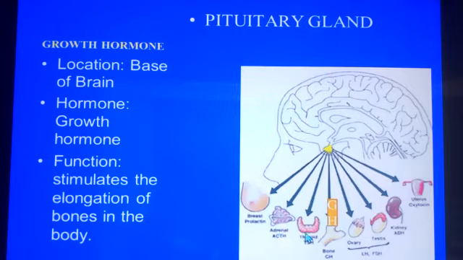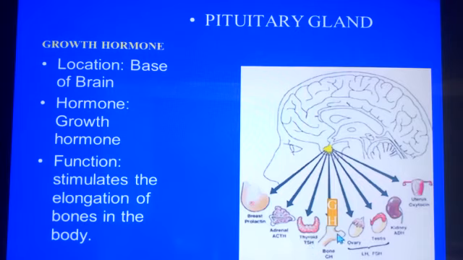The other is the thyroid stimulating hormone, commonly denoted as TSH. Remember, the TSH stimulates the thyroid gland to produce the hormone thyroxine. We shall see the role of thyroxine in a few minutes.